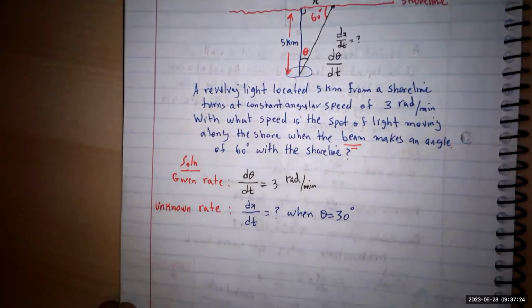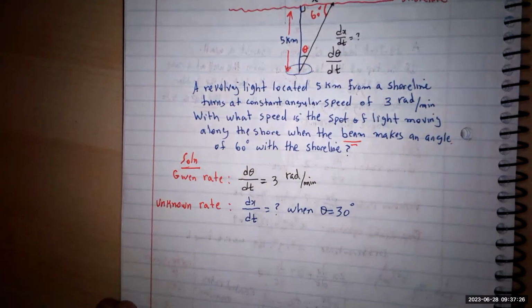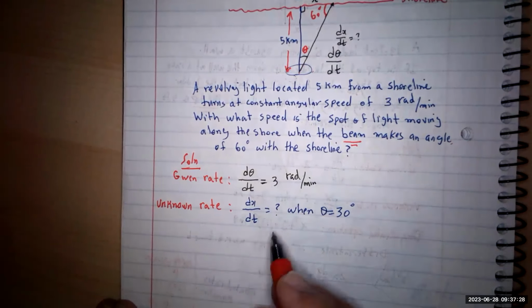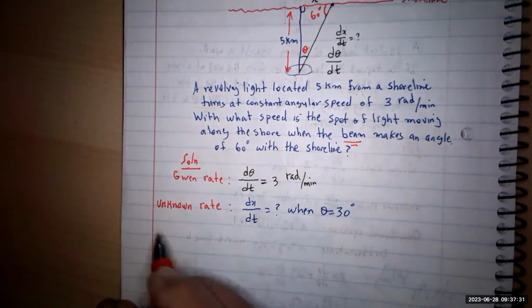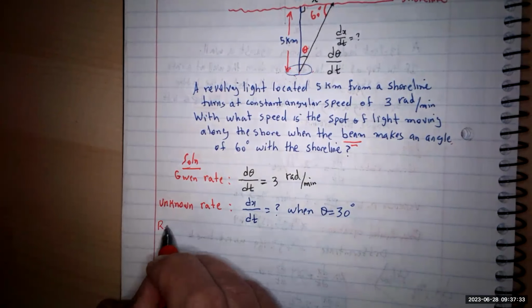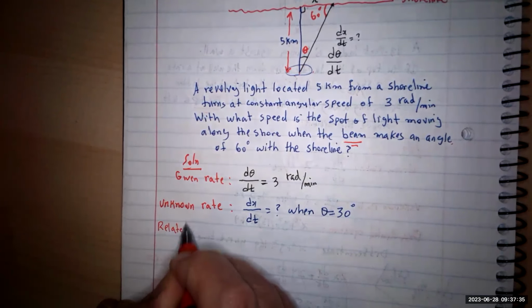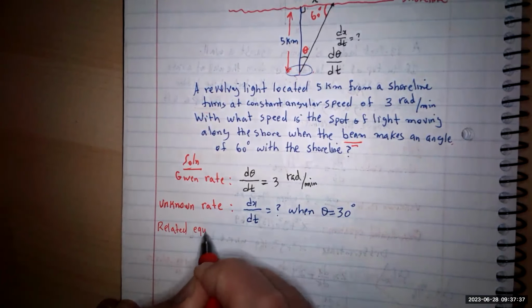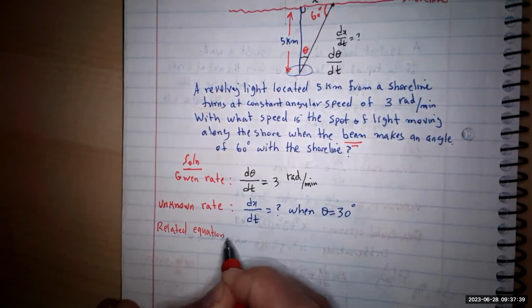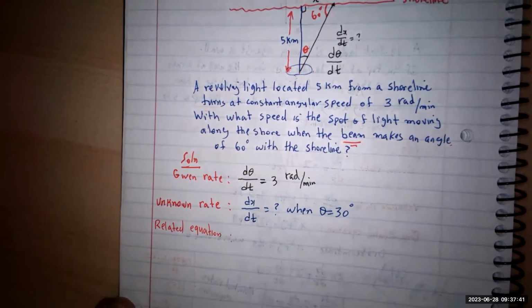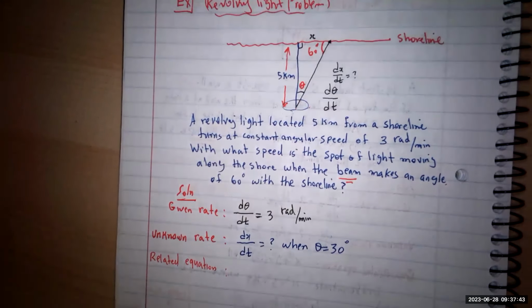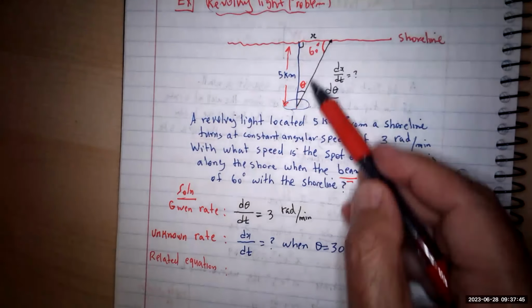Now the crucial part is the equation. What is the relationship between these? What is your related equation? Look at this. It's a right triangle.